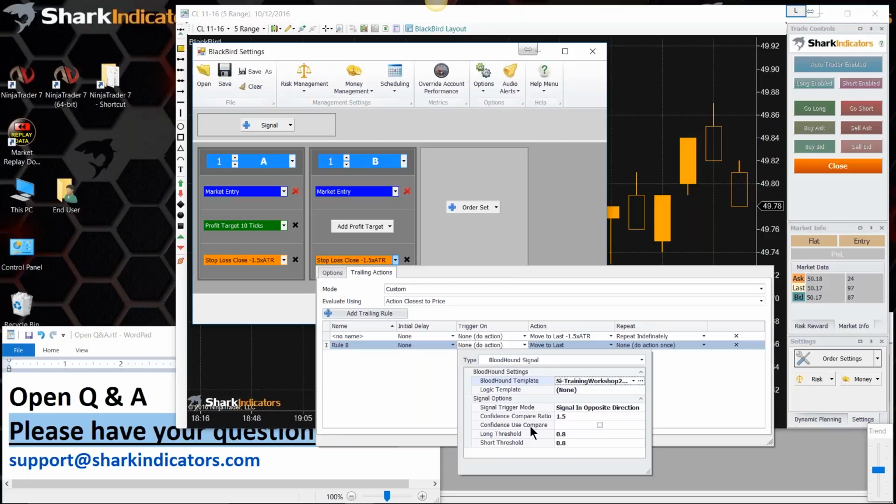So we'll load that up, and here's the logic template. We'd select our logic template that would be our exit condition to close out trade 2, or order set 2, or in our case order set B. So you load your BloodHound template, and then load your logic template, and then the second part here is the signal trigger mode.